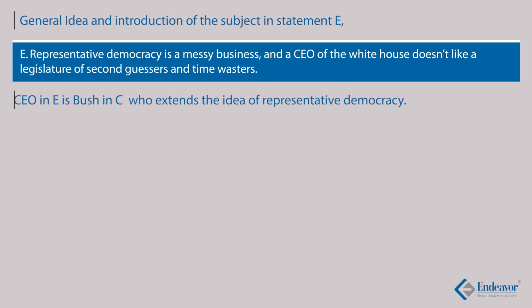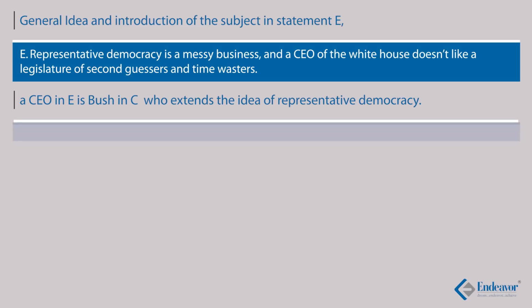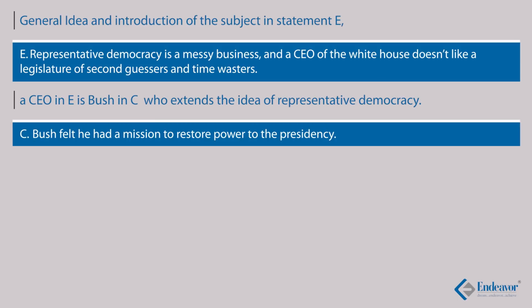So, E talks about a CEO who has certain tasks to take up which are part of representative democracy, and it continues with sentence C that says Bush felt he had a mission to restore power to the presidency. So, this is the idea elaboration of representative democracy which needs to be continued through restoring power.